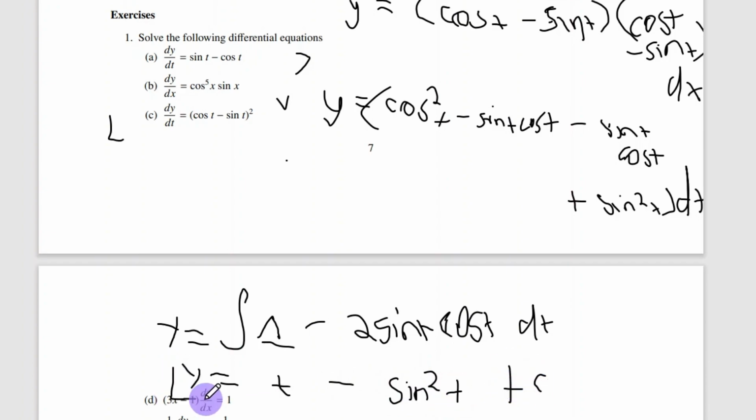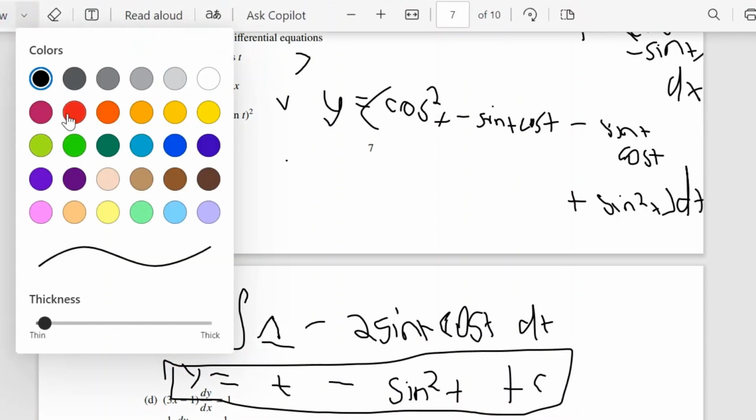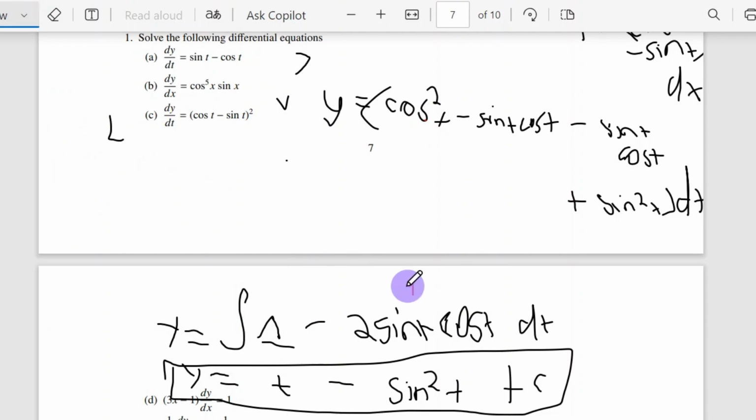How did I get here? You also have to use substitution. I know by now you know how to use substitution. You just have to choose between this and this. This kind of integration is very controversial, because if you say let u be sine t, just say let u is equal to sine t, then from there derive this side, and you will see that the derivative of sine is just cos t.